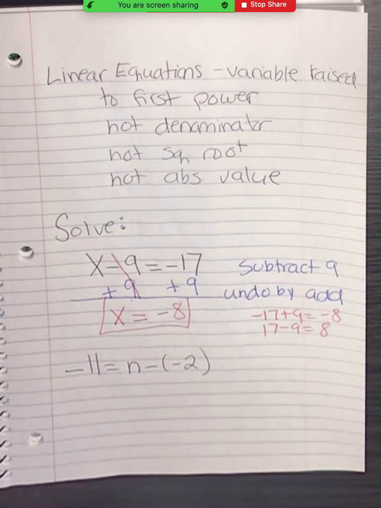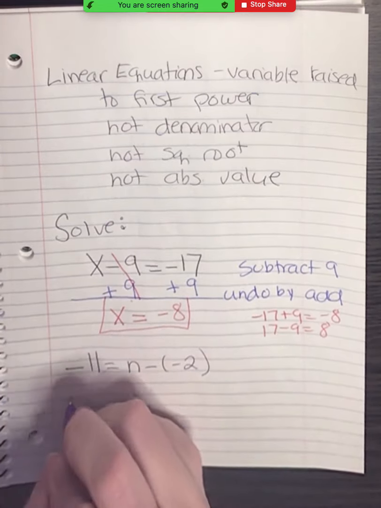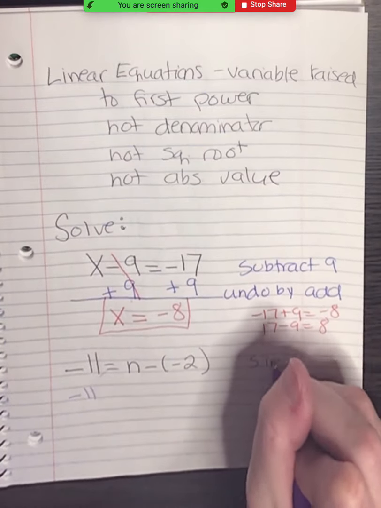But if I look at the right, I have n minus negative 2. So when you subtract a negative, that turns into addition. Okay, then I can see that I have my variable and I'm adding 2. So that's my operation, is addition. So to undo addition, you use subtraction. So I'm going to subtract 2 from both sides because I have to keep it in balance.